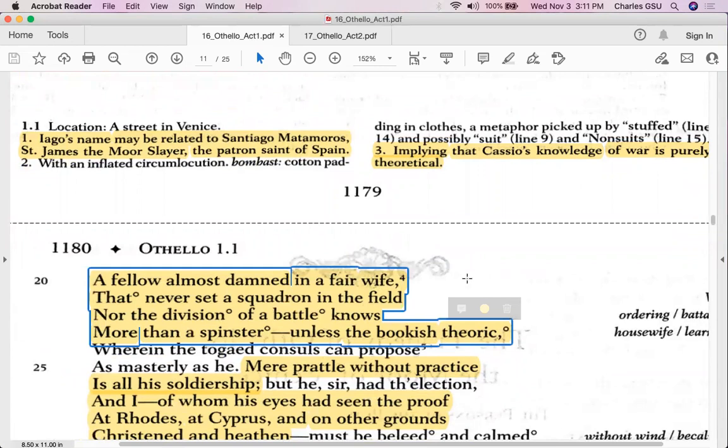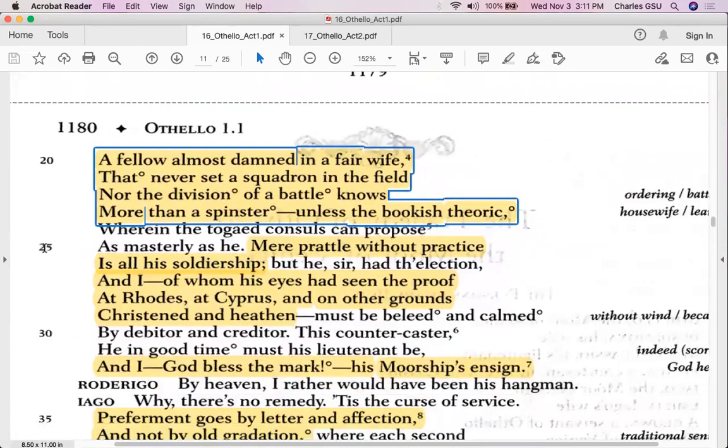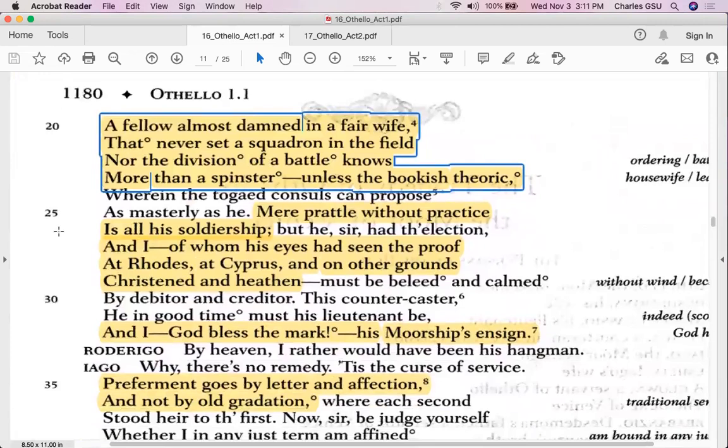In other words, Cassio is what we used to call in the Marines a butter bar, a brand new kind of minted commissioned officer who got out of the academy but has never actually been in combat. And therefore, Iago is incensed at this because he's been serving with Othello for a long time in actual battles.